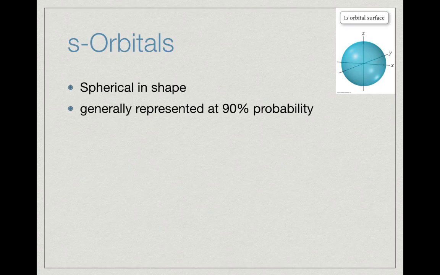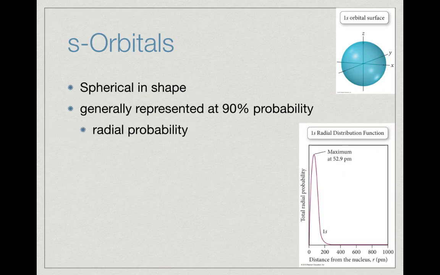There's a 10% probability it's going to be somewhere outside that sphere as far as distance, but we can't really do a 100% probability. And we look at something that's called radial probability, and what we see is that we have a maximum probability of finding an electron at 52.9 picometers. So it's really very close to the nucleus of the atom there.